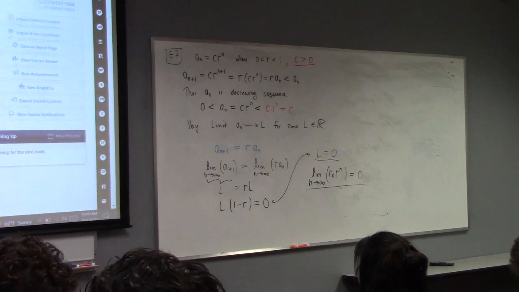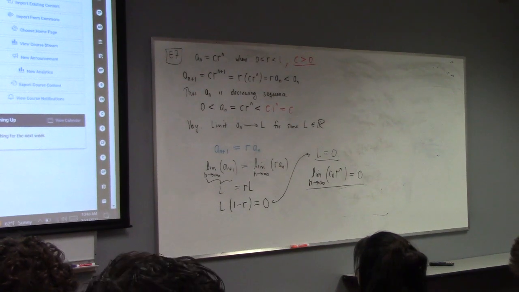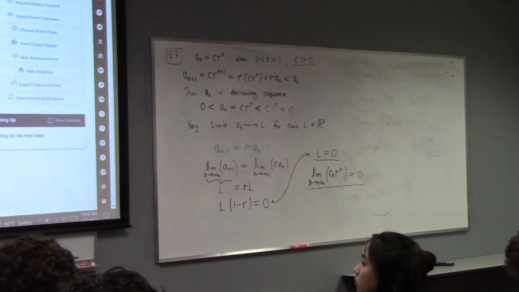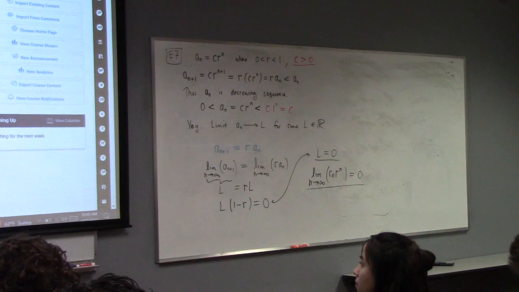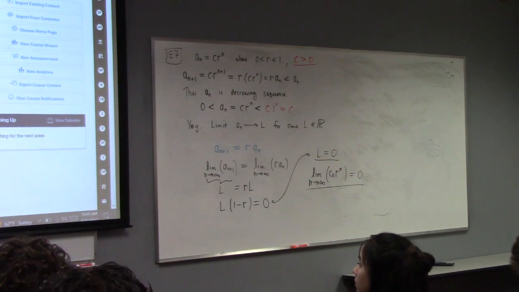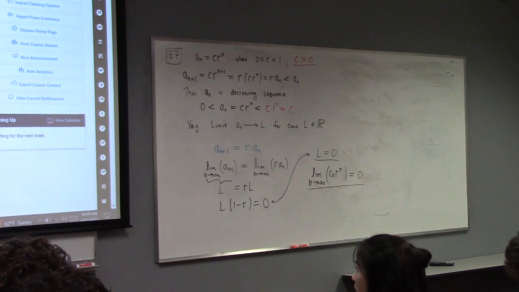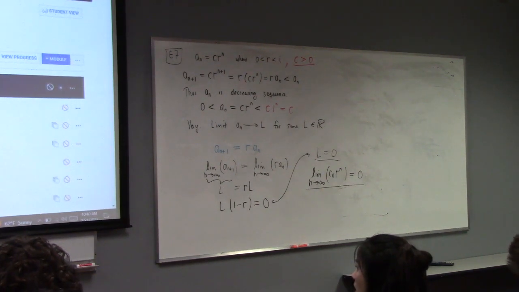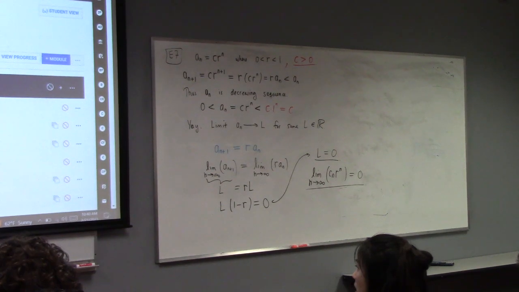If you have c r to the n where the absolute value of r is larger than 1, is it a bounded sequence? No, it's not. So that sequence diverges if the absolute value of r is greater than 1. If it's equal to 1, what happens? It just gives you back c again, right? Because it'd be like c times 1 to the n, which would just be the constant sequence c.